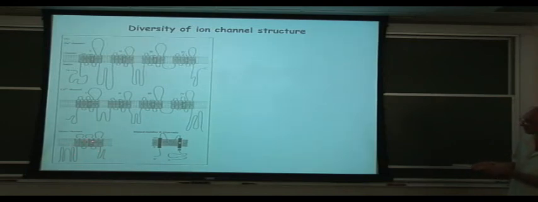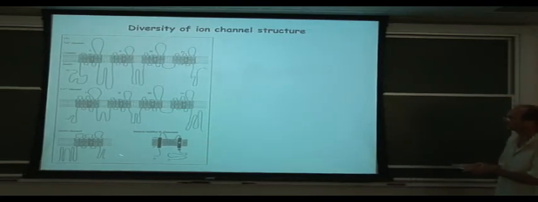There are 6 transmembrane helices. The amino terminus and the carboxy terminus are all intracellular. There is a large loop between the 5th and 6th transmembrane helix, which generates pore lining residues. And in the last channels to be cloned, which are the simplest structurally, the inward rectifier channels are all encoded by subunits which have this transmembrane topology, 2 transmembrane helices, internal amino and carboxy termini.